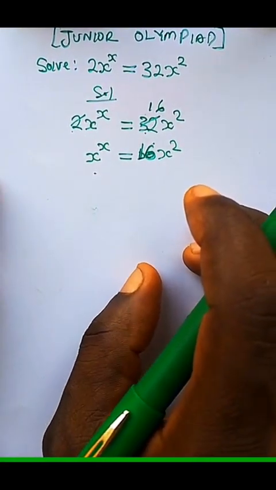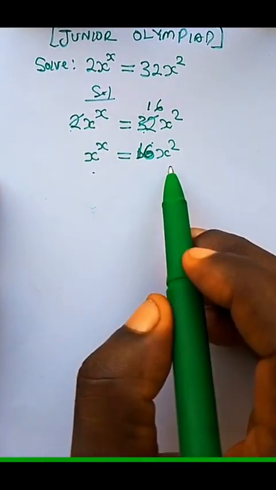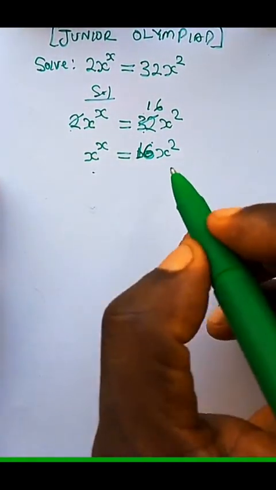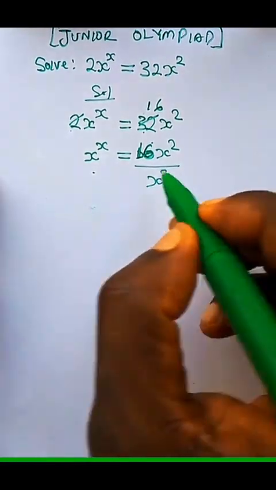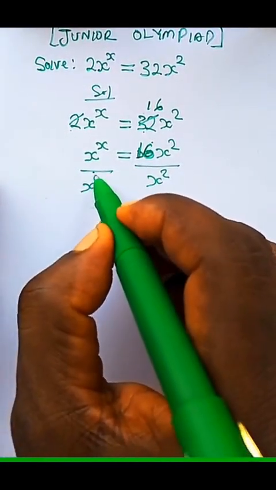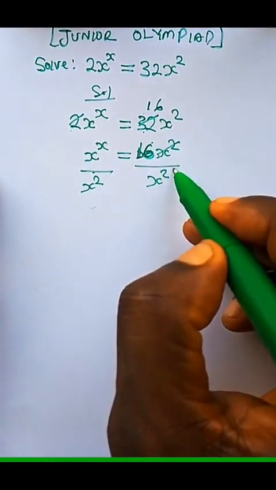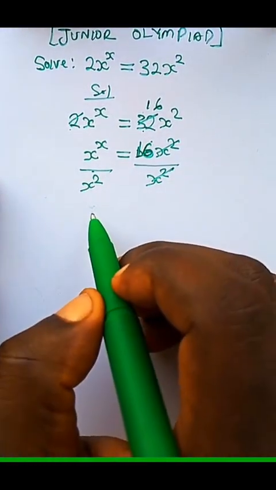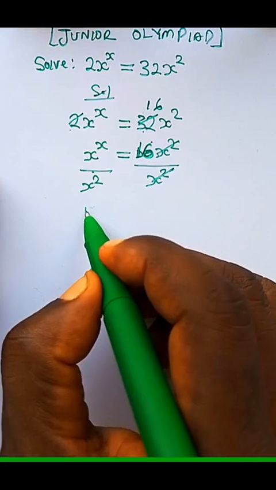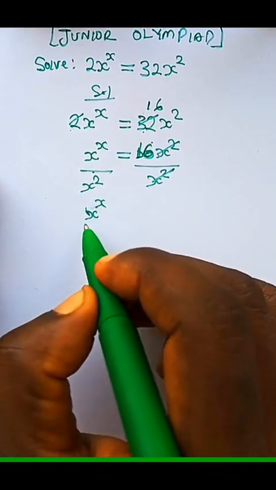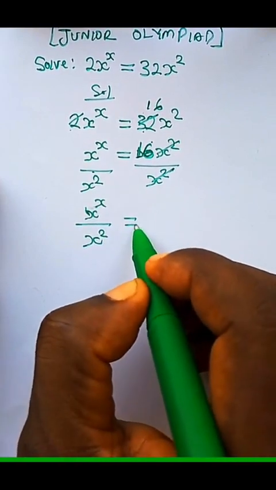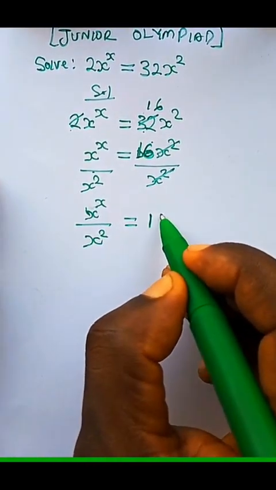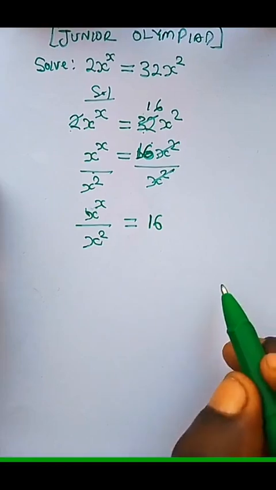So to go further, let us try to bring all the variables to one side. You can achieve that by dividing everything by x squared. This and this will go. So what we have now will be x to the power x over x squared equals the constant 16.